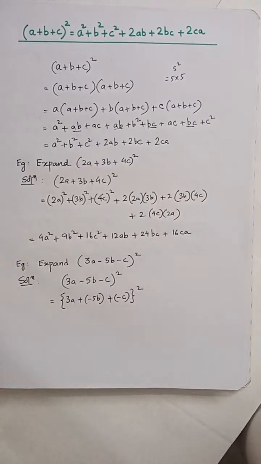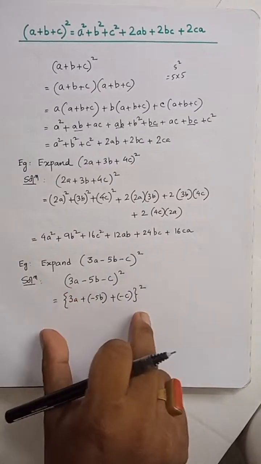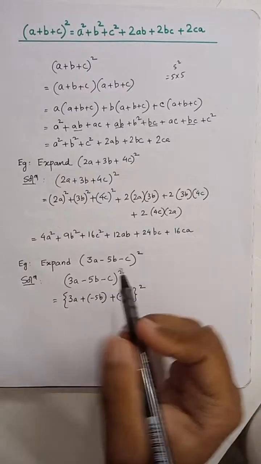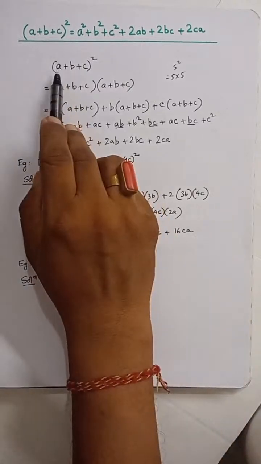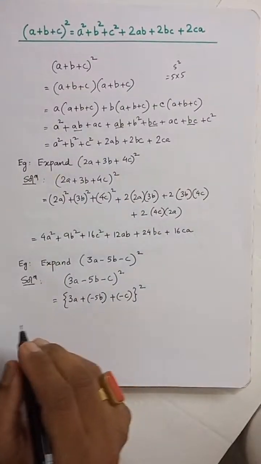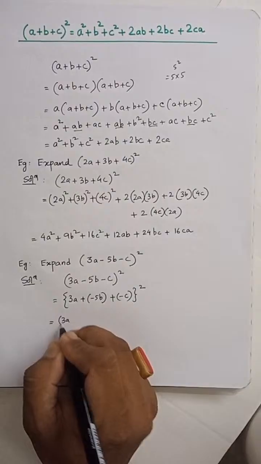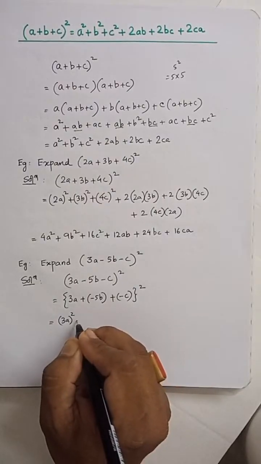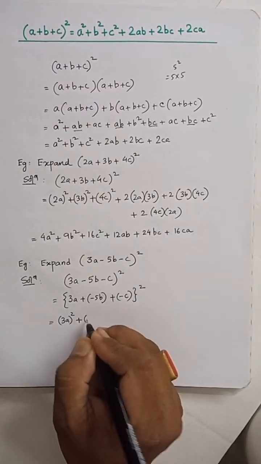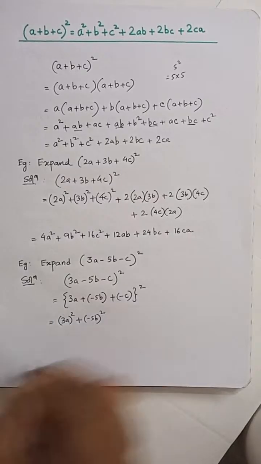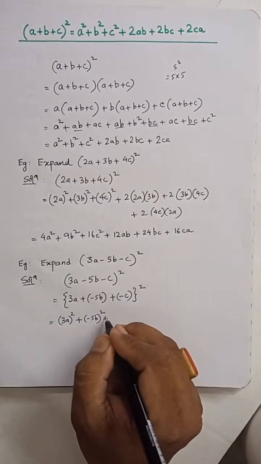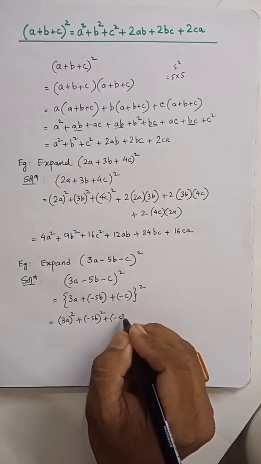Why? Because we have to write it just like the form of a + b + c. Okay, we'll expand (3a) whole square, so we'll give the positive sign and write (-5b) whole square, and then positive sign and (-c) whole square.